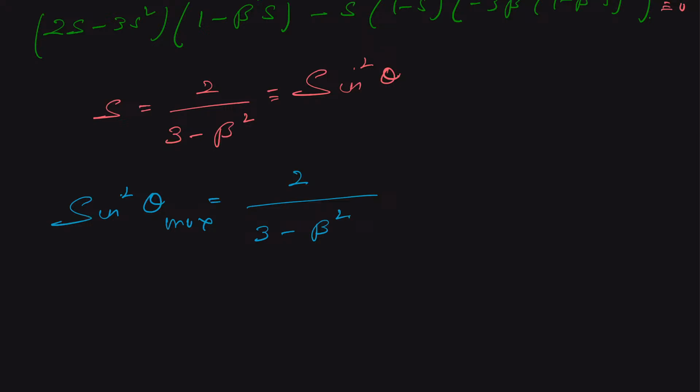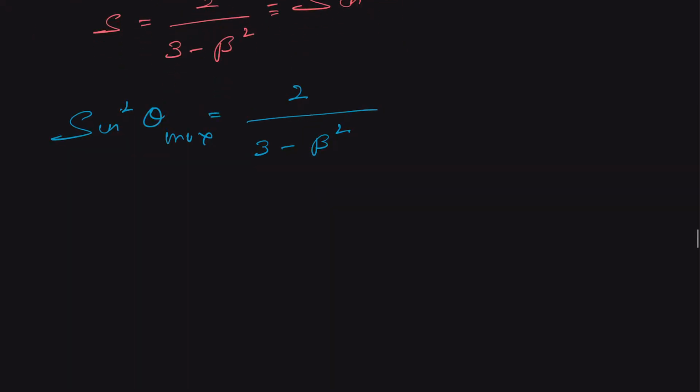And now we do the limit part. First, beta tends to 0. We get sine squared theta equal to 2 by 3, which gives theta approximately 54.7 degrees.